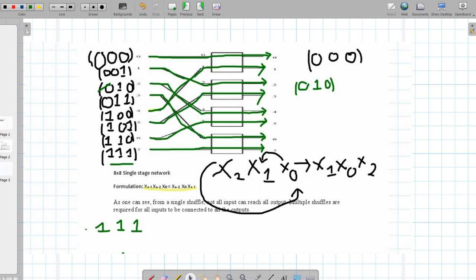So, this was the discussion about the construction of shuffle exchange network.